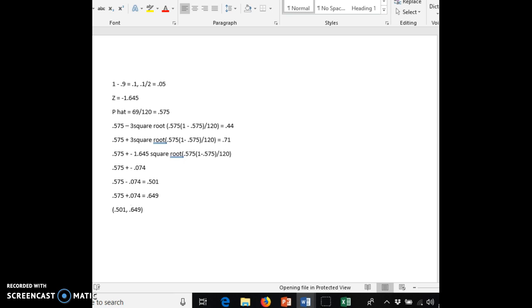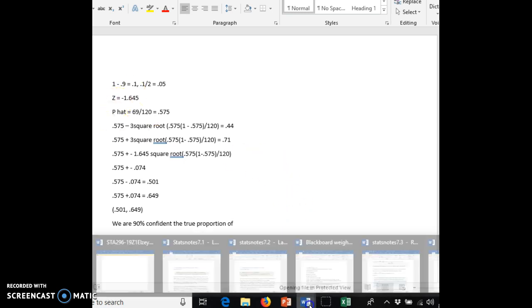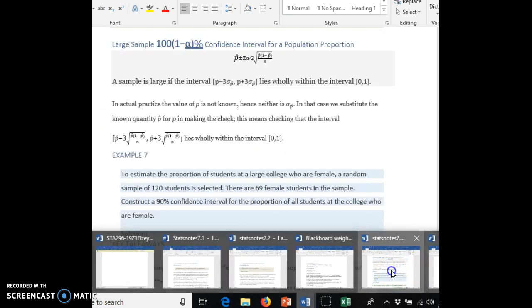Now let's not forget though our confidence statement. We did 90% confidence, so we are 90% confident. Now this time, this was a proportion, so the true proportion of, and let's look back and see exactly what we were getting a proportion of.